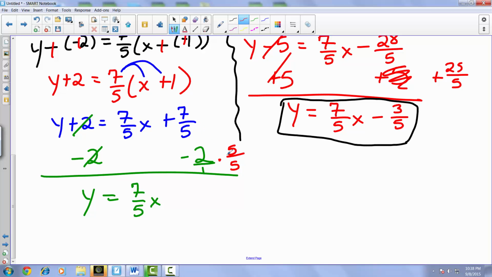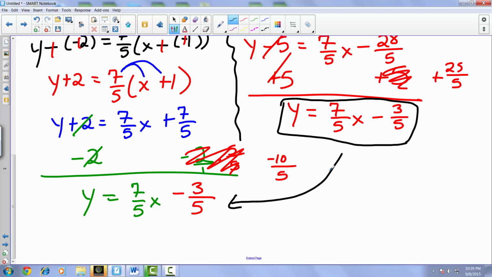And then we'd be able to subtract the 2. So we end up then with -2 times 5, well that's -10 over 5. And -2 is the exact same thing as saying -10/5. But now that they have the same bottoms, we can go ahead and combine our tops. So 7 minus 10 gives us -3/5. Lo and behold, these do in fact match.